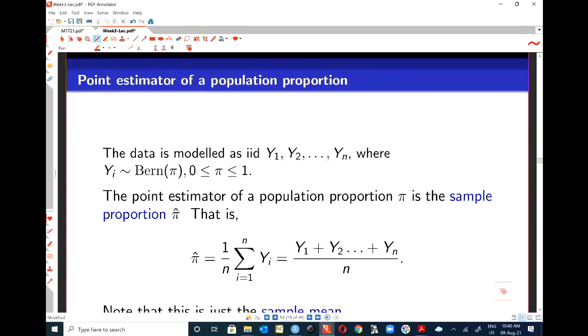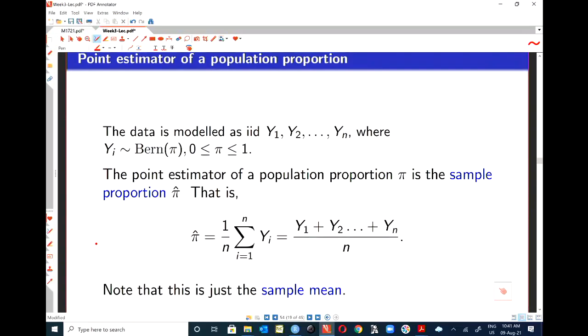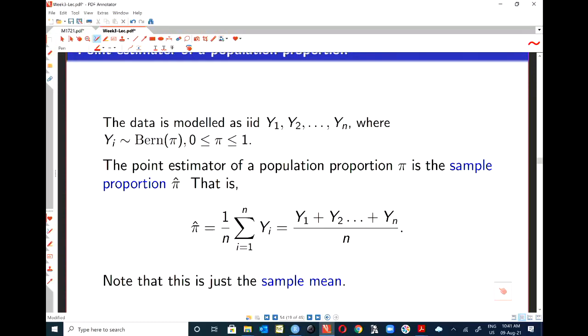But by and large here, what I've got is if my Y's are Bernoulli, independent and identically distributed. I'm sure I mentioned this before somewhere earlier, but the IID means independent and identically distributed. So in other words, they have the same distribution.